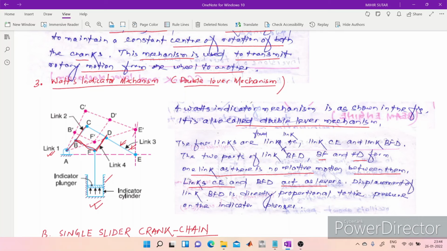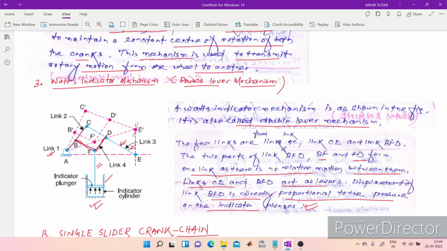Now the displacement of the BFD link, link 4, is proportional to the pressure on the indicator plunger. If your displacement increases, the pressure will also increase. Remember this, because this end is connected with the indicator plunger through this rod.